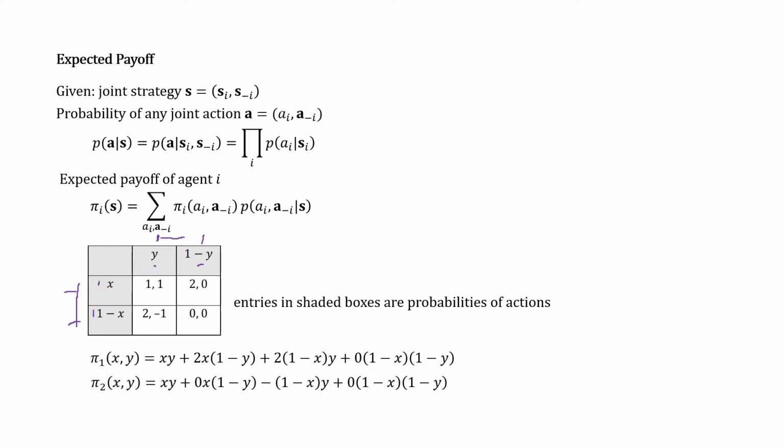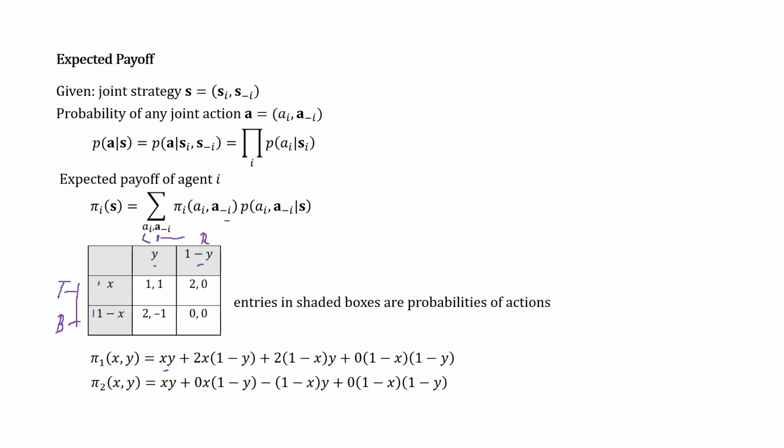Let's call this action top and this action bottom for the first agent, and this left and this right for the second agent. So this joint action top left, what's the probability? x times y, and the corresponding payoff for agent 1 is 1. So 1 times xy is one of the terms here.